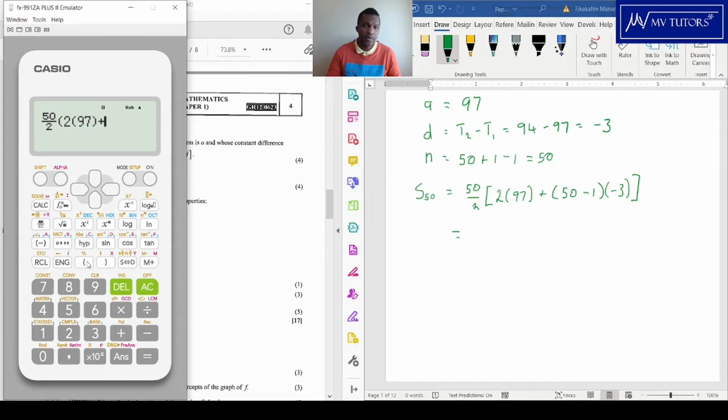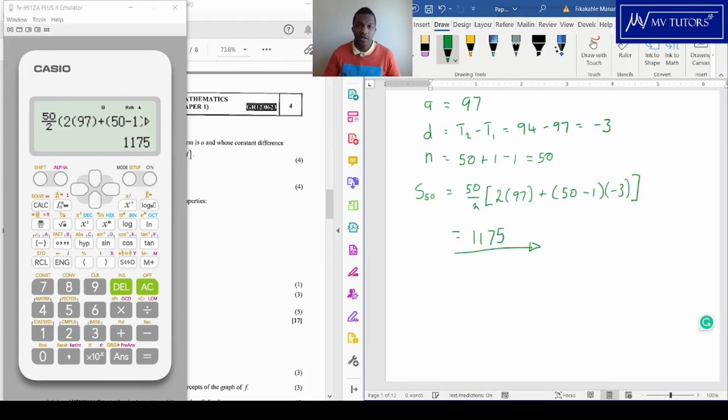Plus, open bracket, 50 minus 1. Close that bracket. Open another one, minus 3. Close it. Remember, we didn't close the first bracket, so let's close it right now. Equals 1175. That's our final answer right there.